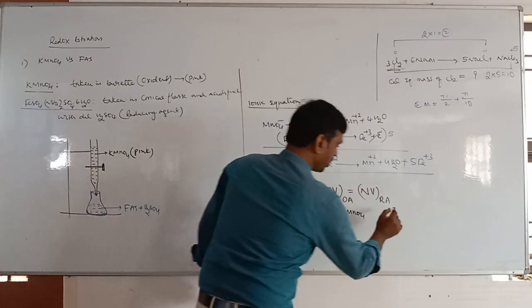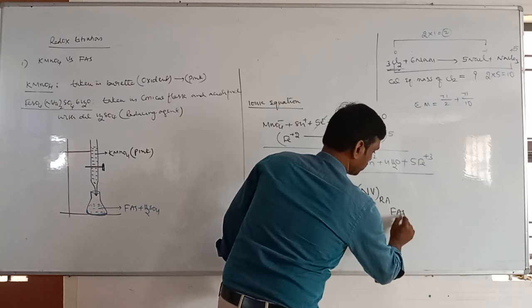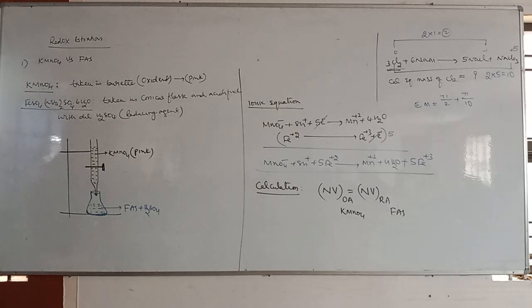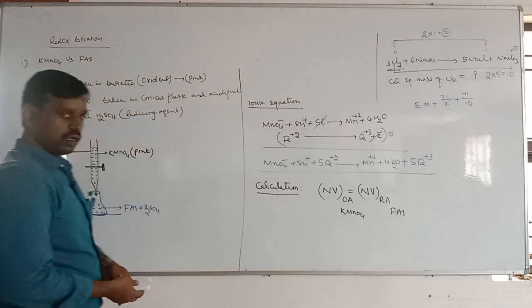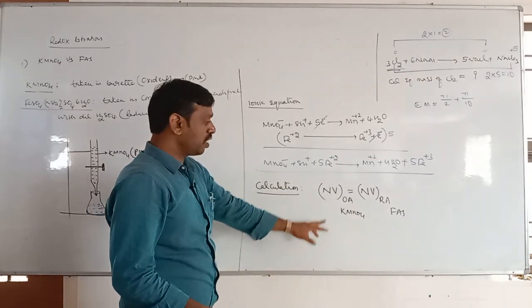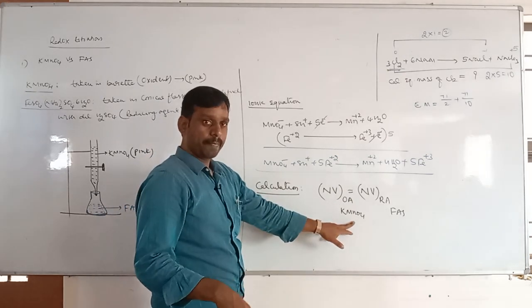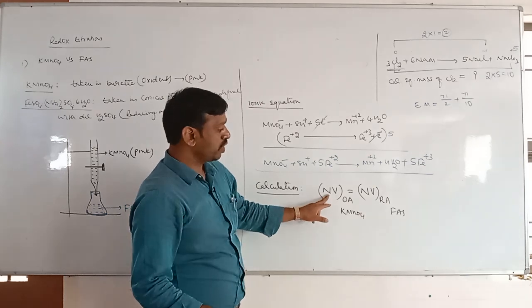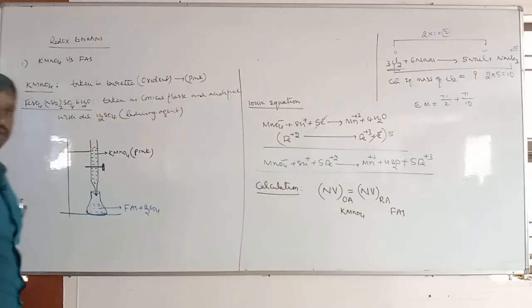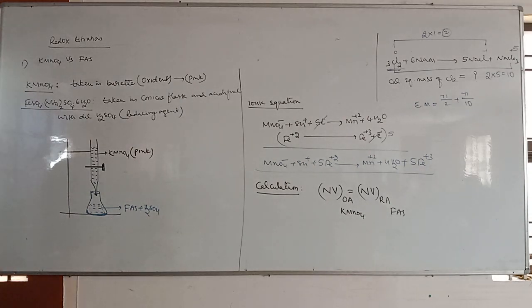In place of reducing agent, you can take FAS. Right? That's it. You can calculate the normality of another substance by knowing the normality of one substance. For example, normality of KMnO4 they will give, and you can calculate the normality of FAS by using this titration. Okay. So, second one. Okay. So, time over now. We will continue next class.